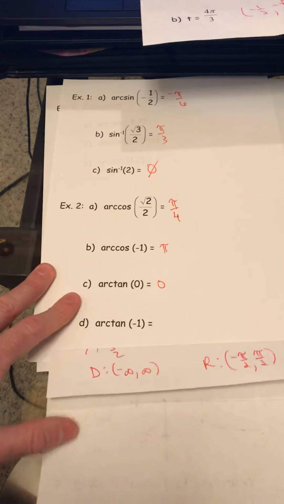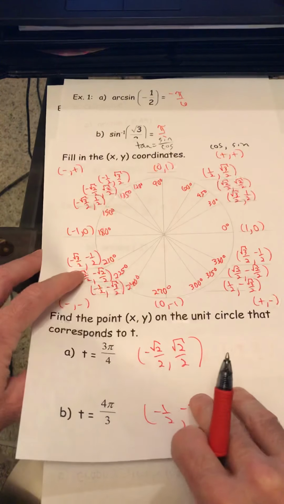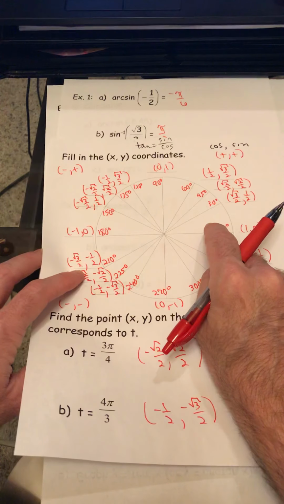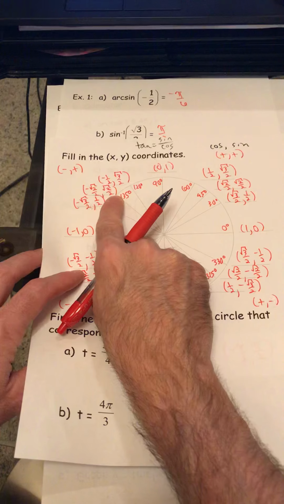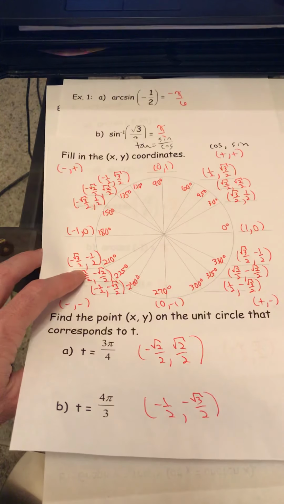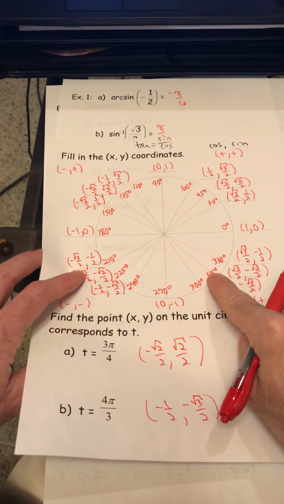And then arctangent of negative 1. Well, where does y over x equal negative 1? There's two places, either at 3 pi over 4 or 7 pi over 4. But again, do not use the long route.